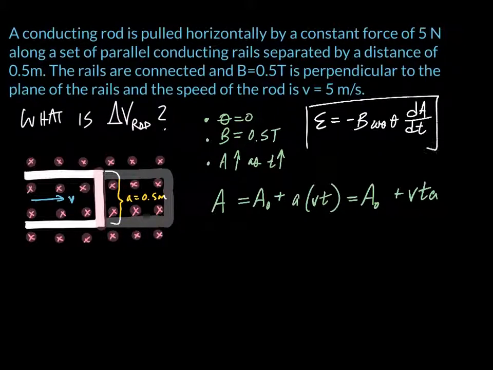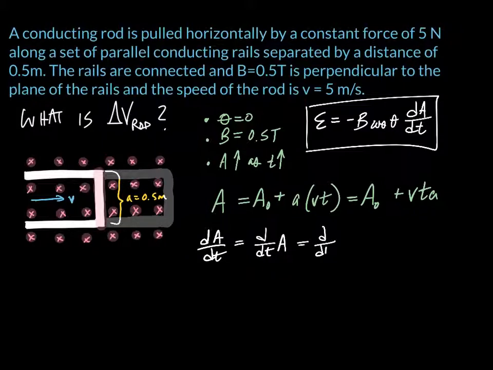All right. So we need dA/dt. So dA/dt will just be the d/dt of A, which will be the d/dt of this function that we just created from scratch, which is just going to be va.